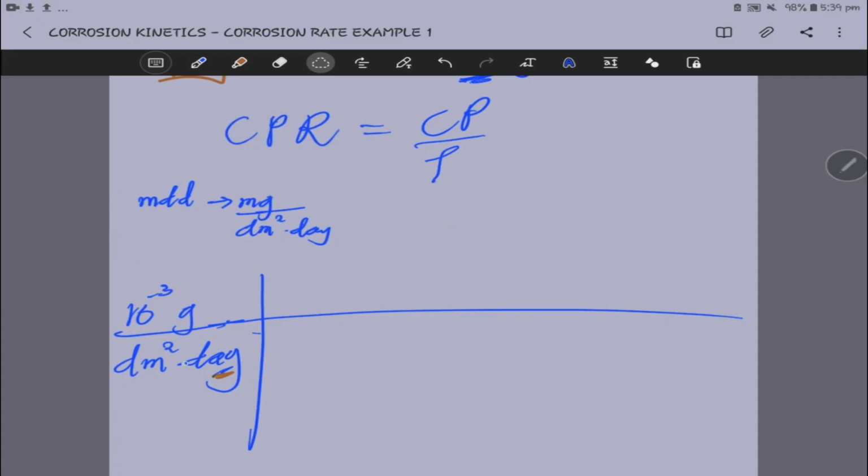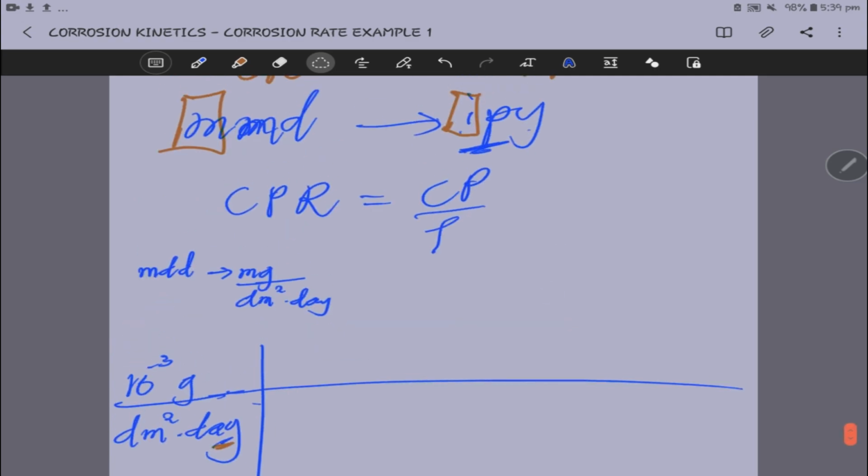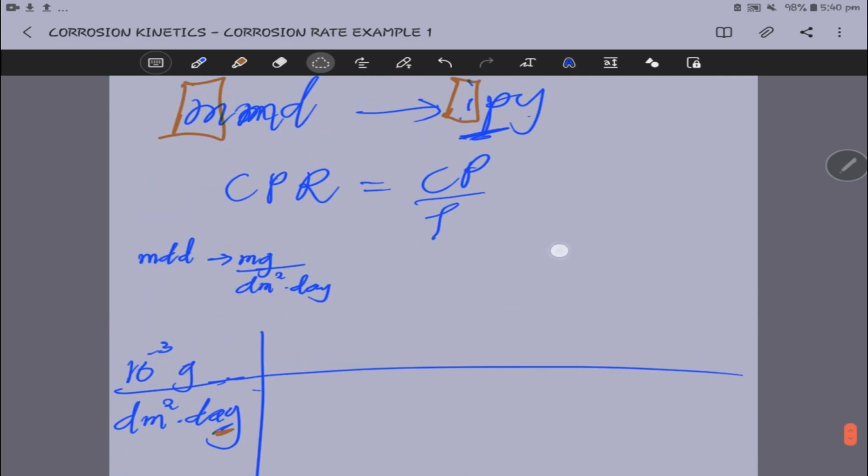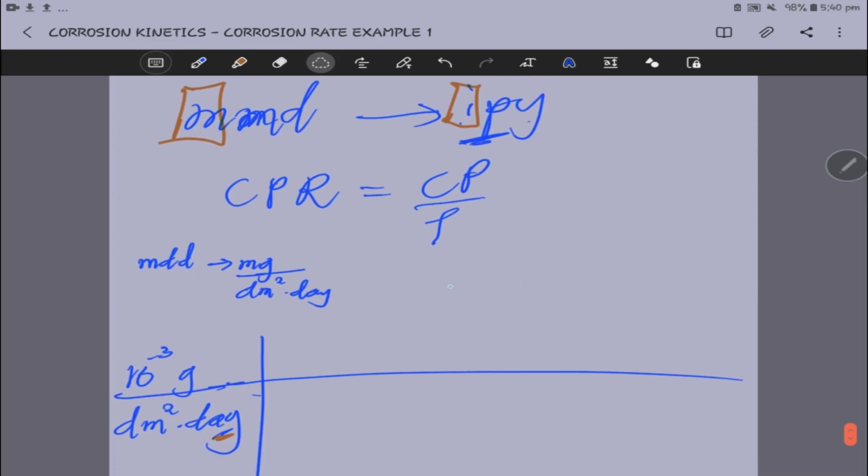So we know that what we are changing to IPY is CPR, so we need density. If you are dividing through by density, it's the same as saying that we are multiplying. If you have a quantity, let's say 1, and you are dividing it by density, it's the same as multiplying it by volume over mass, the same as 1 times volume over mass, which is the same as saying 1 over grams per cm cube.